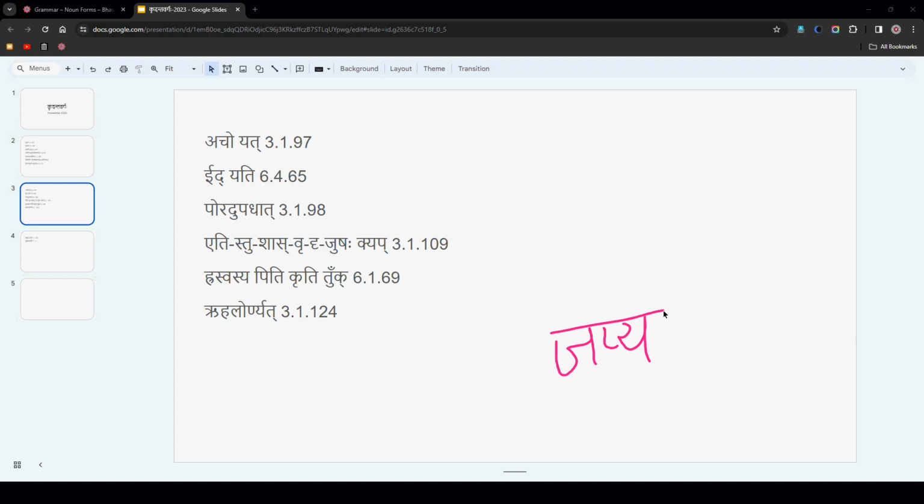Okay, then the next one is the sutra: eti stu shas ru dru jushah kyap. Here now we are looking at the next pratyaya called kyap.